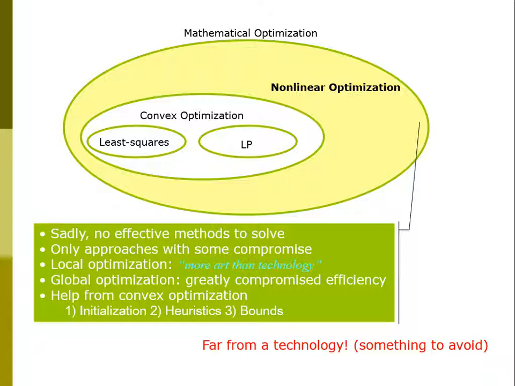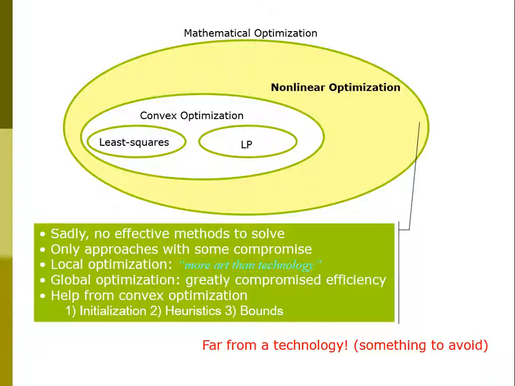Even some simple looking problems with as few as 10 variables can be extremely challenging, while problems with a few hundred variables can be intractable. Methods for general nonlinear programming problems therefore take several different approaches, each of which involves some compromise.